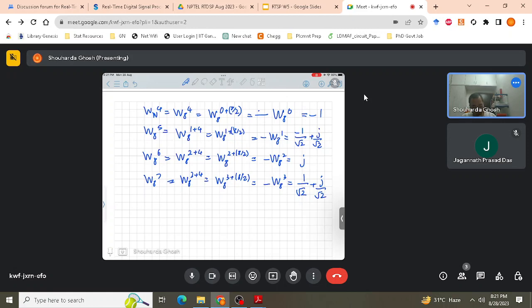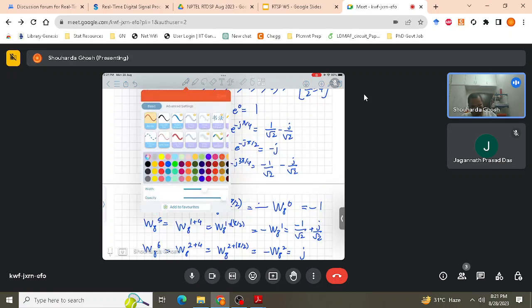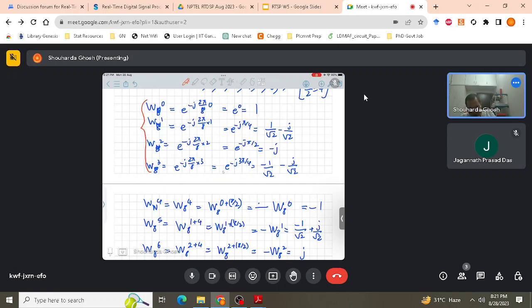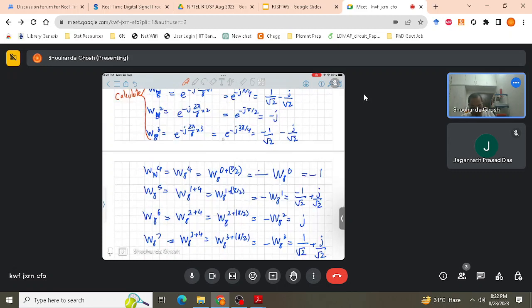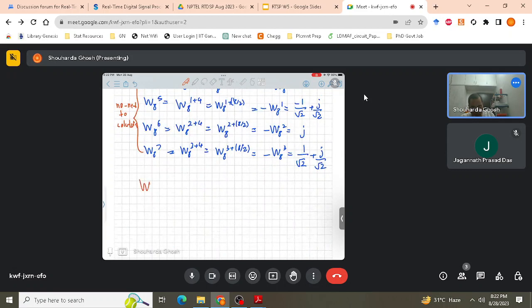So you see, let's suppose you had some circuit to calculate these values. You have to calculate all the first 4, the rest 4 no need to calculate. And why am I talking about calculation? Because you see Wn of k, which is e to the power minus j 2 pi k upon n, is cos 2 pi k upon n minus j sin 2 pi k upon n.